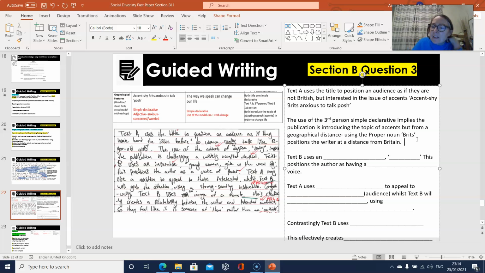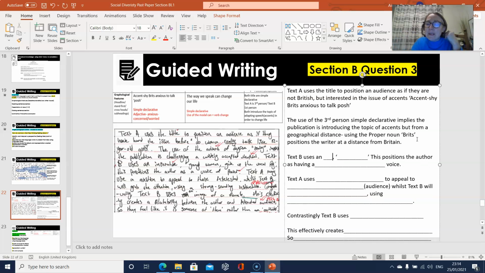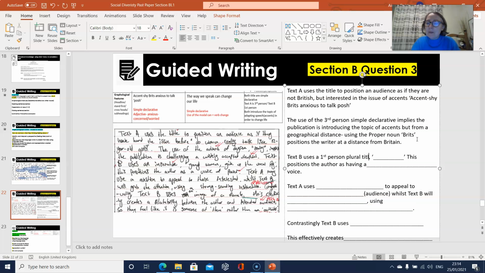Okay, so text B uses an. So we've said the use of the third person simple declarative. Now, the immediate point of contrast is that text B, the way we speak, so we could say text B uses a first person plural title.